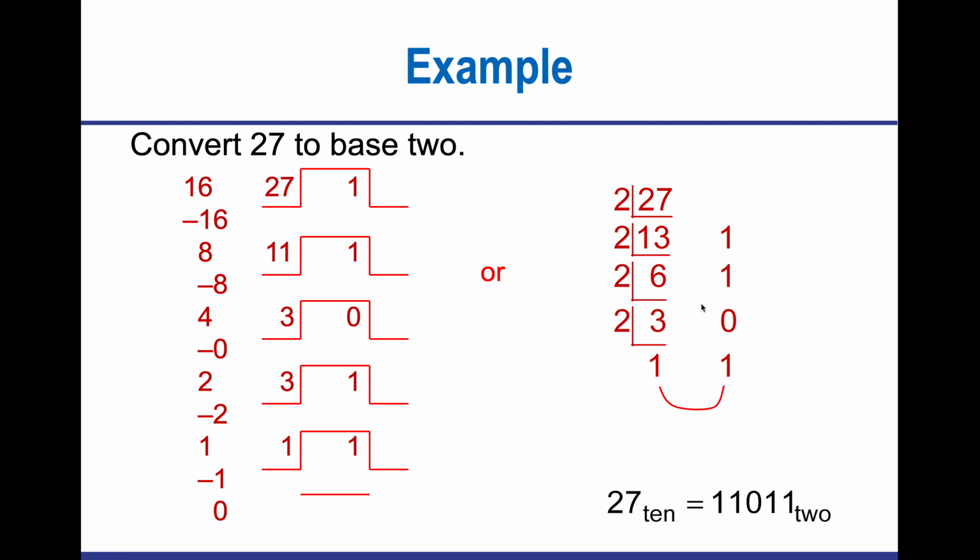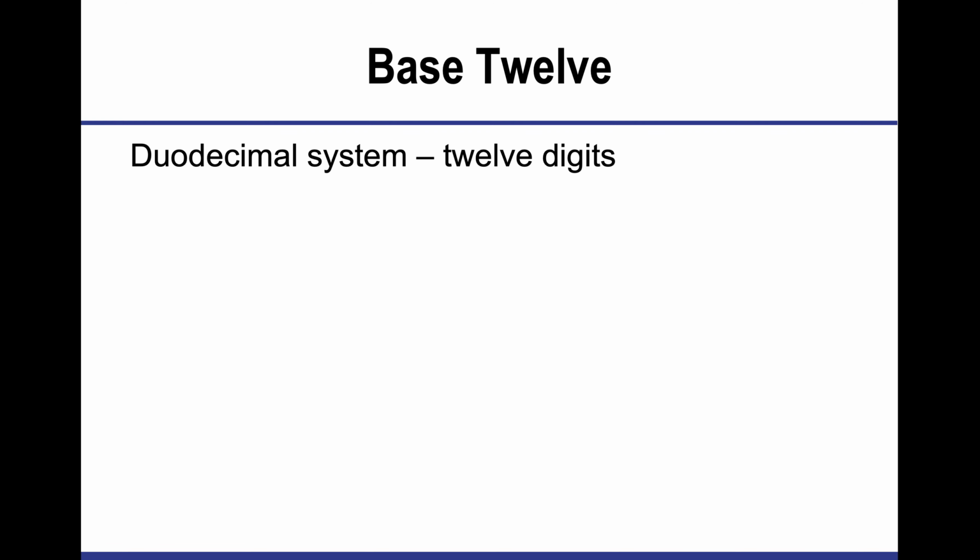That's where this 1 comes from. 2 goes into 6 perfectly, so it would be 0 remainder. 2 goes into 3 1 time, and it has that remainder of 1. And then we have finally the 1, which is following up the second place. So it's kind of a combination of division and remainders.